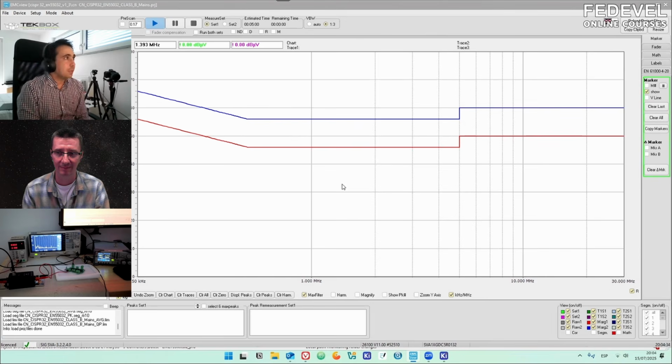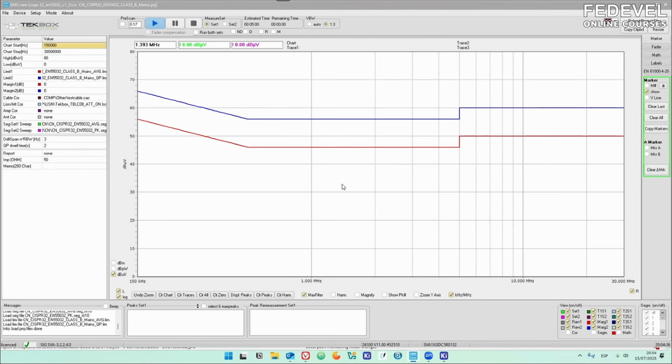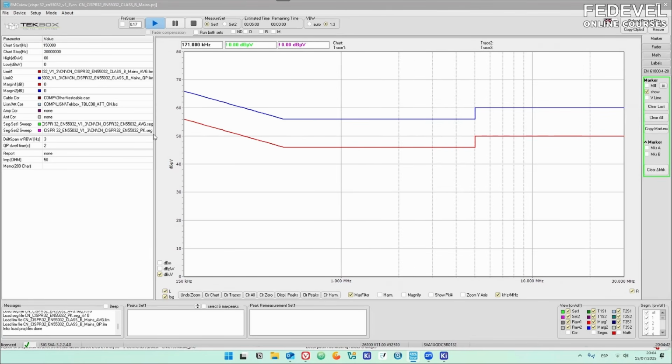So what I have here is the software. I'm using the textbook software to measure. The computer is connected to the spectrum analyzer, and what we have is a frequency range of 150K to 30 mega. That's the standard frequency band for conducted emissions in industrial applications. And here we see two lines.